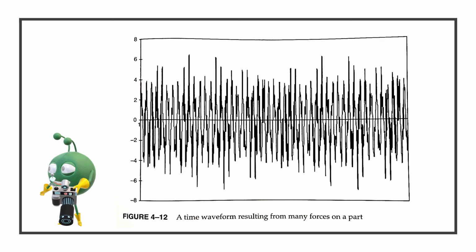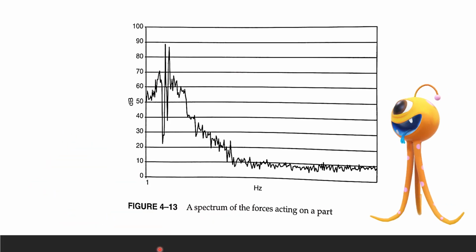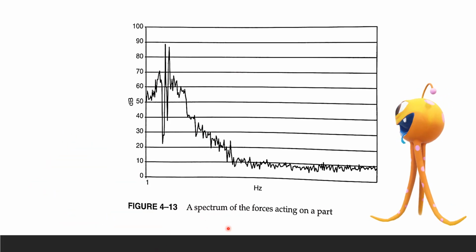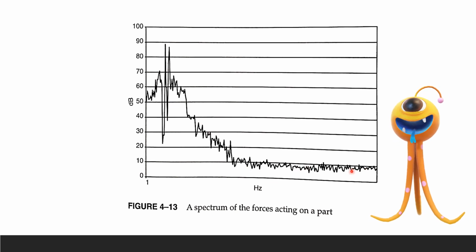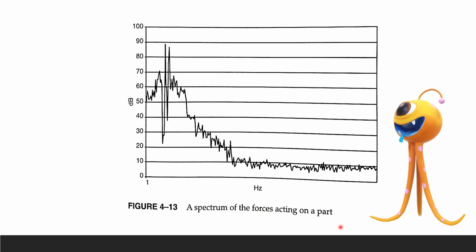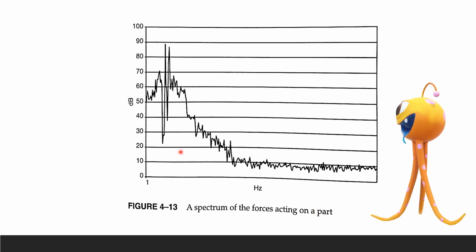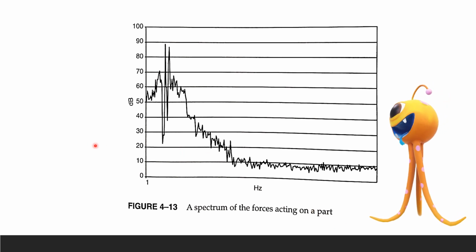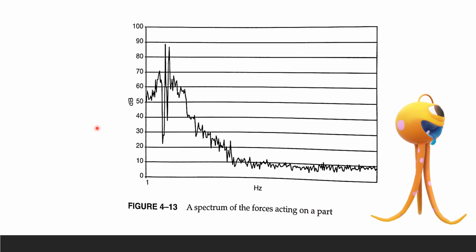The next one is the spectrum. For the spectrum, you're going to see a different graph. Pay attention. Definitely many forces here, forces acting on a part, a system, or an equipment. If you are able to recognize the differences between the spectrum and the time waveform, I'll be very happy.